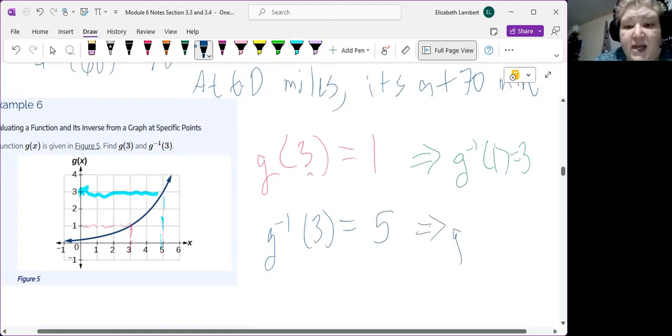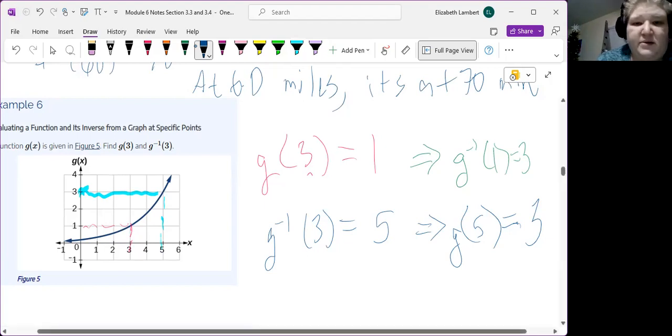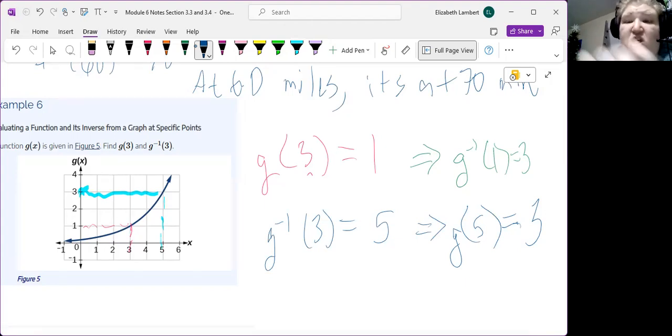So this tells us that g of 5 mapped to 3. So it's talking about two different locations on the graph. But based on whether they're talking about the function or its inverse, that changes how we look at the graph, where we start versus where we're going to.